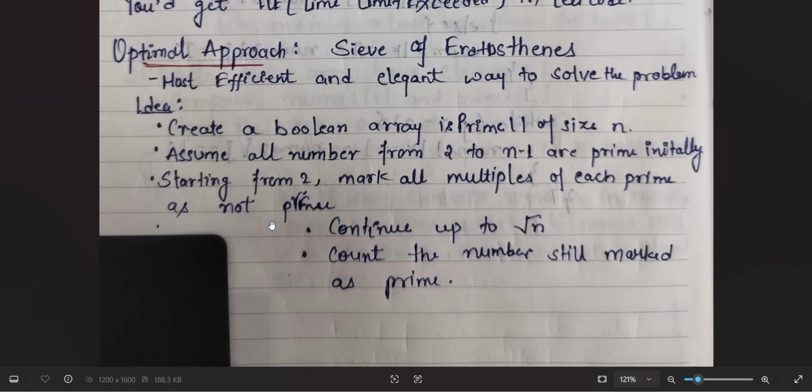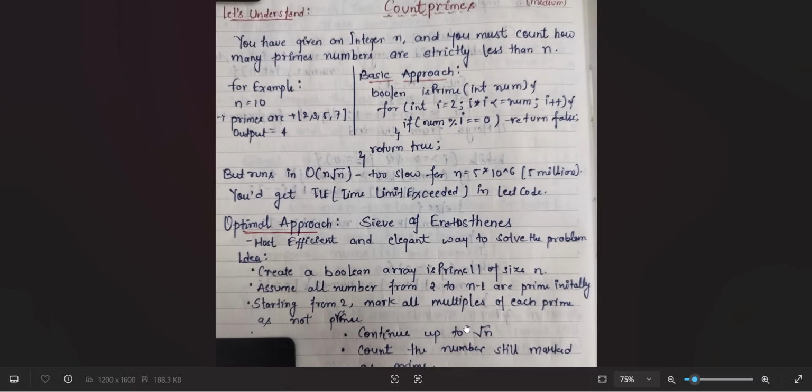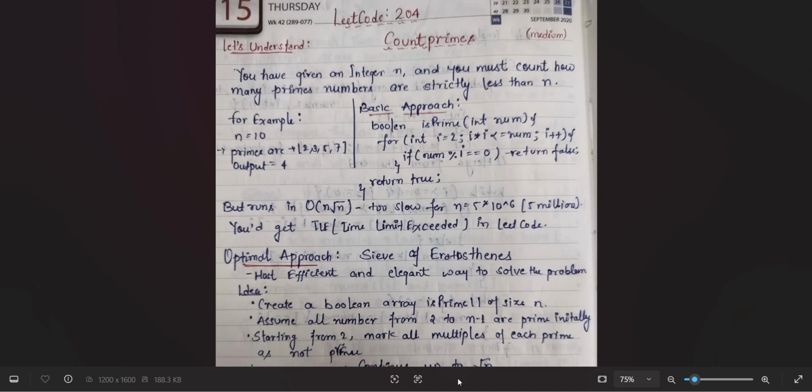We take those numbers starting from 2 that are multiples of 2 and mark them as not prime, and after that we repeat this up to root n times, and then count the numbers still marked as prime, meaning up to n we are marking those numbers as not prime.